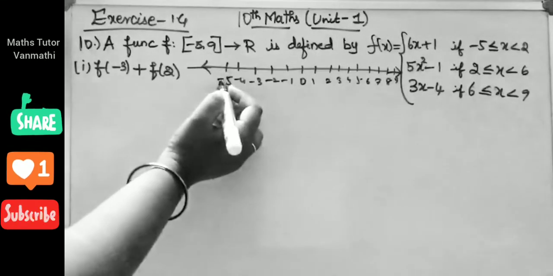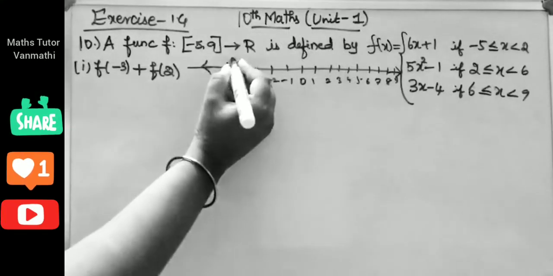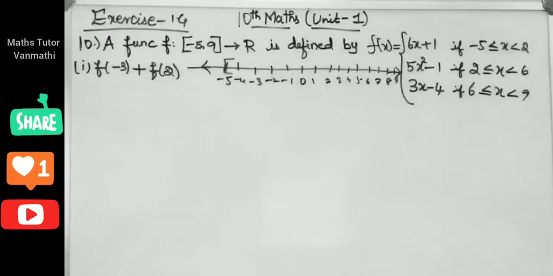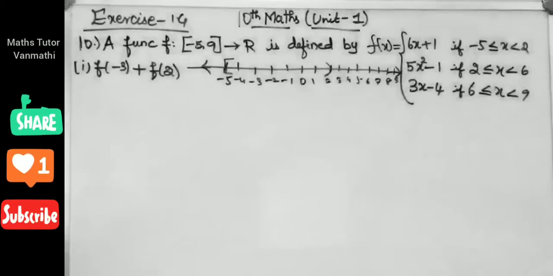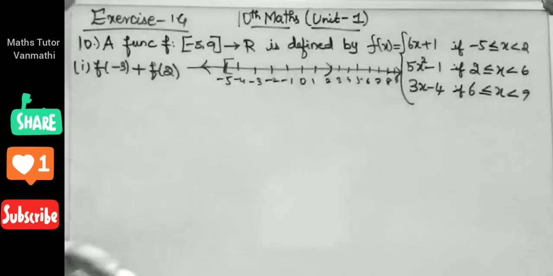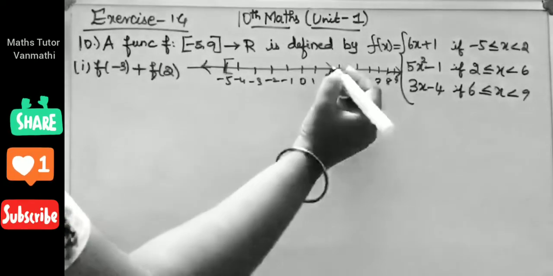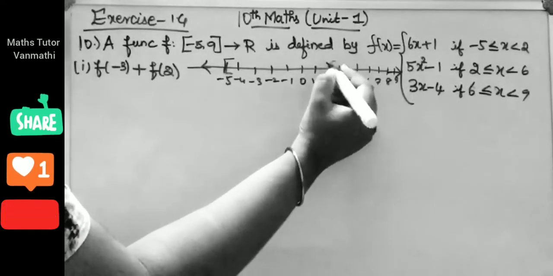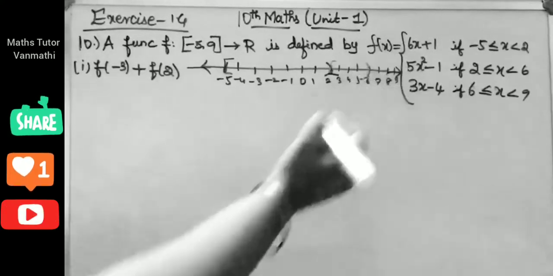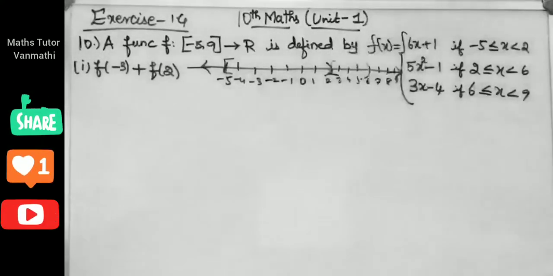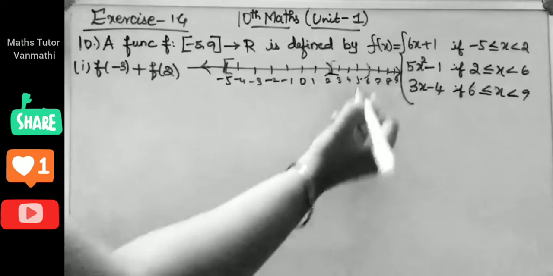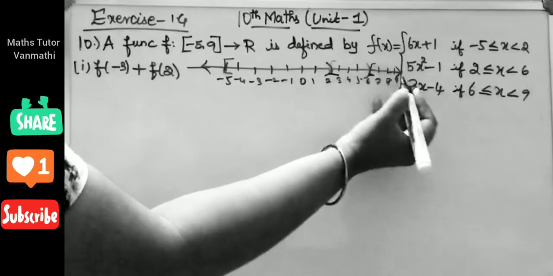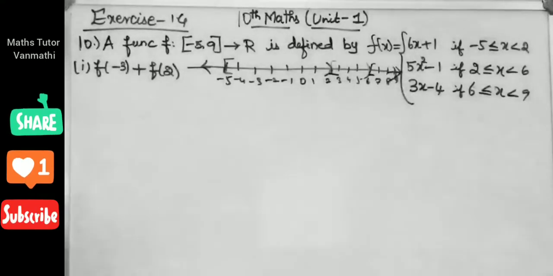Minus 5 is a closed bracket, that is a closed interval, and 2 is open. This is your first function. Second is 2 to 6. 2 is closed and 6 is open. This is your second function. Third is 6 to 9. So 6 is closed and 9 is open.